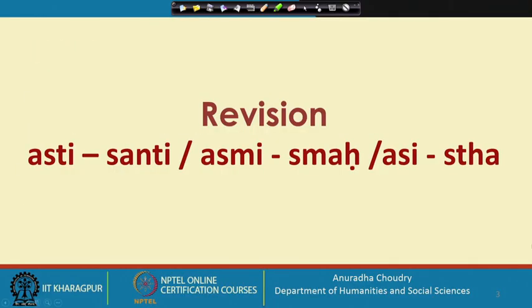But before we go on, I'd just like to do a brief revision of what we've looked at earlier. So we had looked at the plural of nouns. If you had a masculine word ending with a, purusha, many of them, purushaha. Similarly, a feminine word ending with a, mahila, mahilaha.